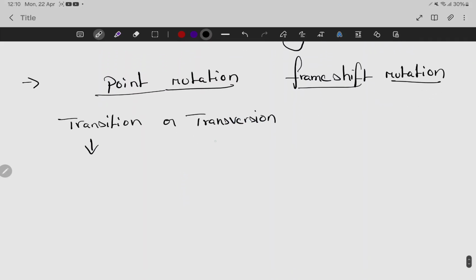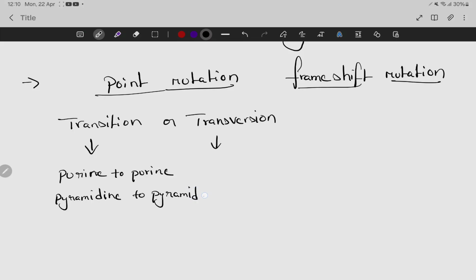Transition is purine to purine, pyrimidine to pyrimidine.